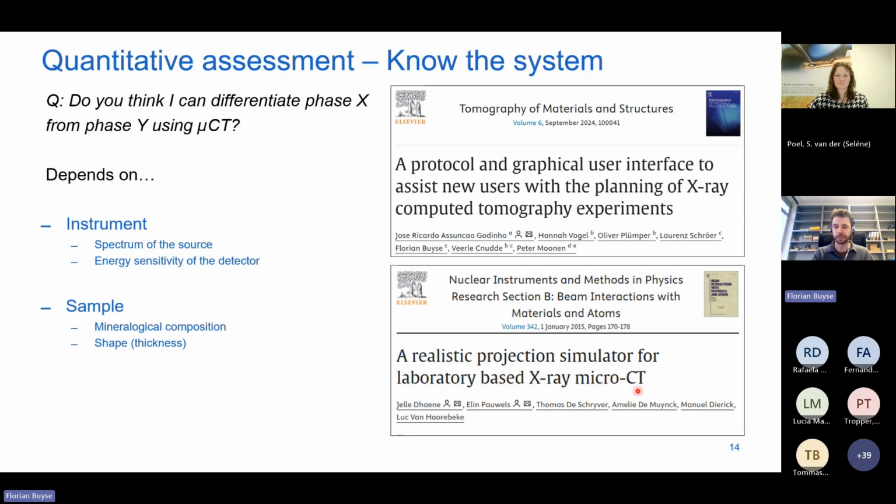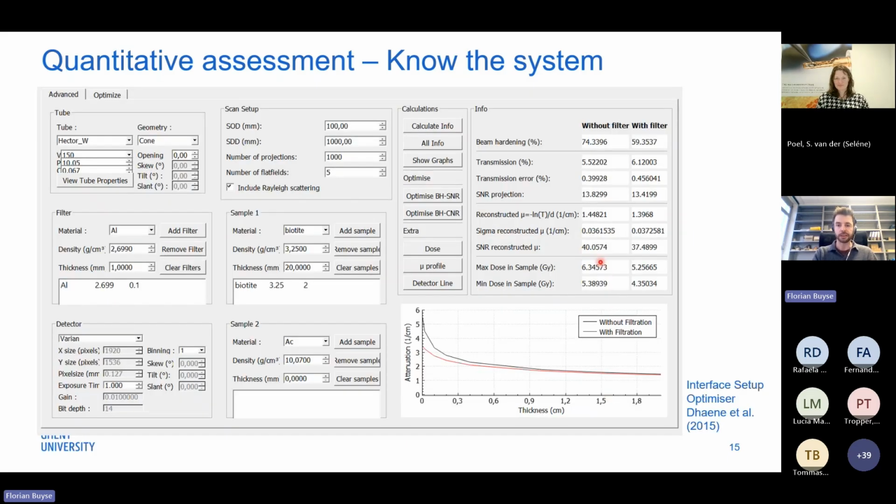And another one from 2015 is a projection simulator for laboratory-based X-ray microscopy, which actually mimics all these things to check for yourself what is possible with your setup, with your sample. For this last one, you can see here a screenshot.